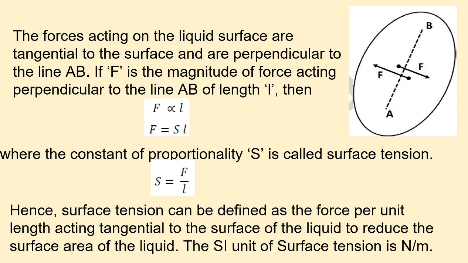From this we can get the SI unit of surface tension. Since S equals F by L, the SI unit of surface tension is Newton per meter.